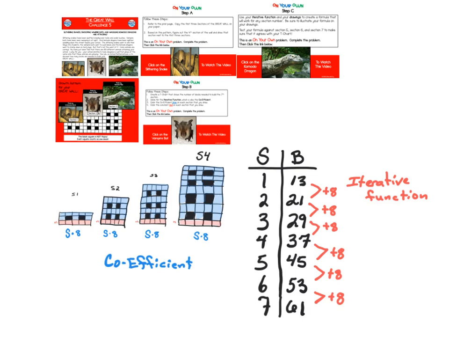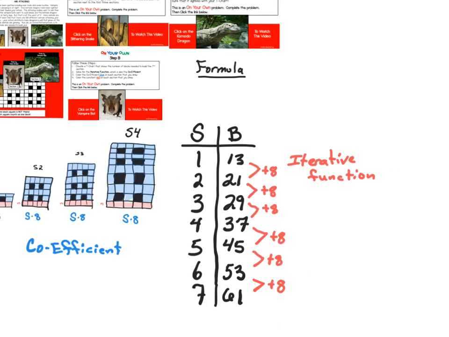Now, the cool thing about your iterative function is that you can always start with it to create your formula. And right here, I wrote formula for us. So we're going to start with our iterative function. I know I can take my section, S, and multiply that by my iterative function.